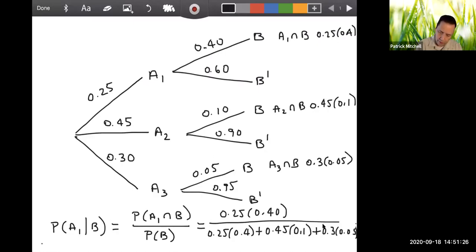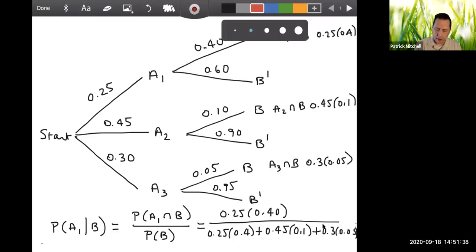So we're going to start here. And we're going to pick a customer, and there's a 25% chance that that person has a credit score less than 600, a 45% chance that it's between 600 and 700, and a 30% chance it's more than 700.